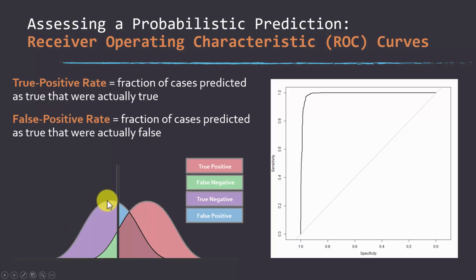And then the false curve would be this. True negatives would be this purple area here, so they were negative and they were called negative. And then the front of that curve would be your false positives, so this blue area that extends back behind the red area here. They were negative, but they were incorrectly called positive, or incorrectly called true.